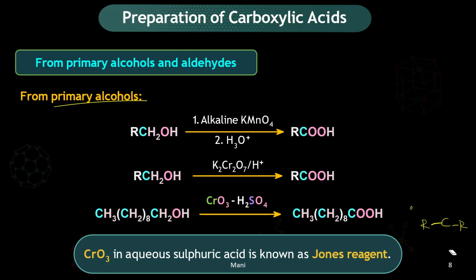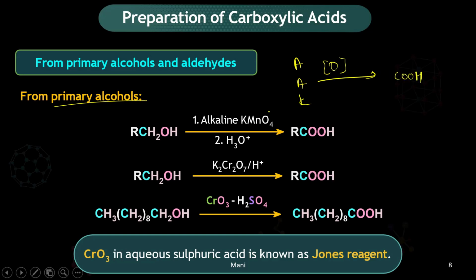So see here, all these primary alcohols and the primary aldehydes will oxidize to prepare the carboxylic acid. Why? If you see here, alcohol has only one oxygen, but the carboxylic acid has two oxygens. That means you are adding oxygen, so you can say this is an oxidation reaction. So always remember, the alcohols or the aldehydes or the ketones will oxidize and give the carboxylic acids, not the other way.